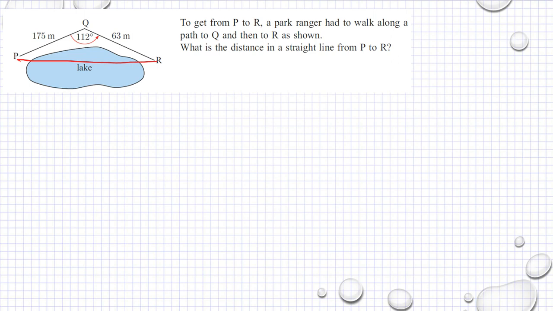What is the distance in a straight line from P to R? So we have this one, we call it Q though, and then we have this one, we have our R, if we want to use what we learned from previous examples.